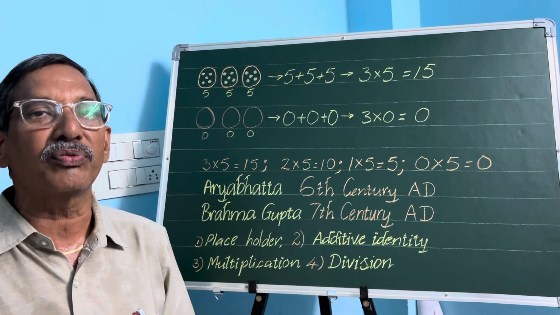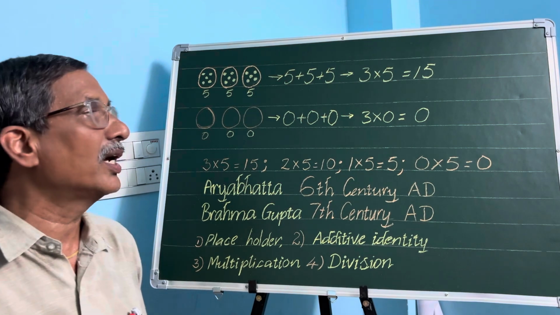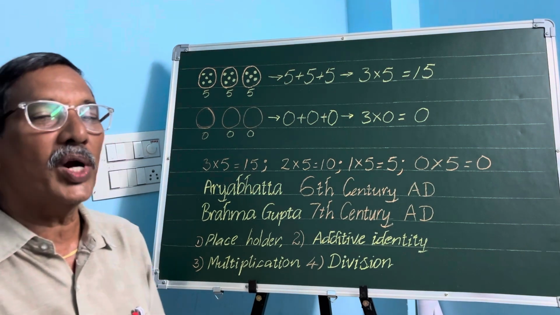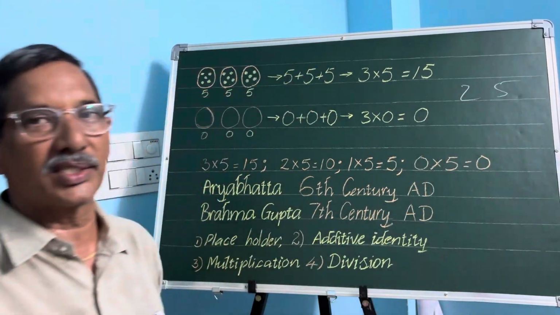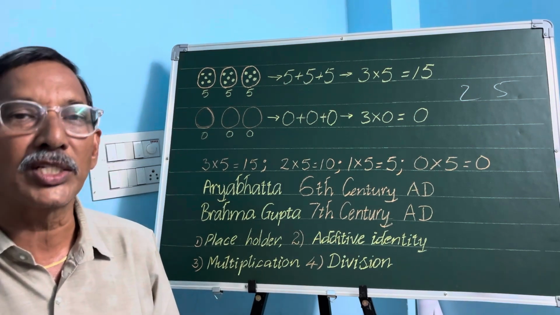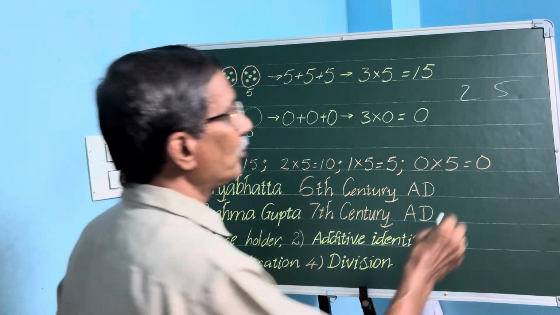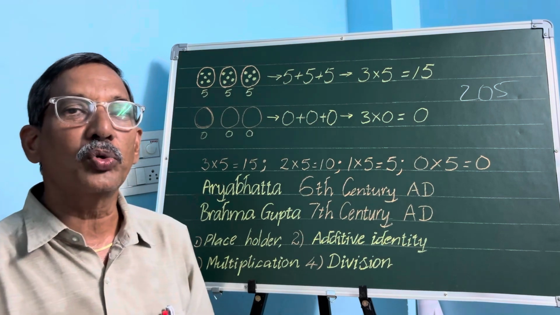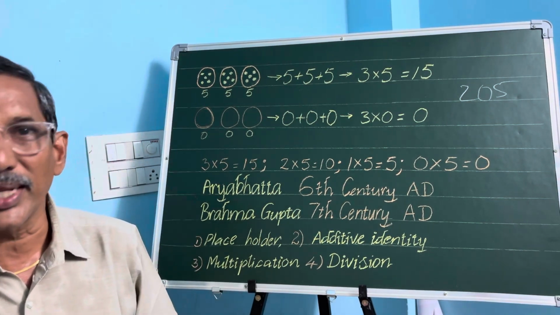What is the use of 0 in holding a place? For example, how can you write 205? You cannot write 205 like this. It becomes 25. 205 means 2 hundreds, 0 tens, and 5 units. So there are no tens, 0 tens.